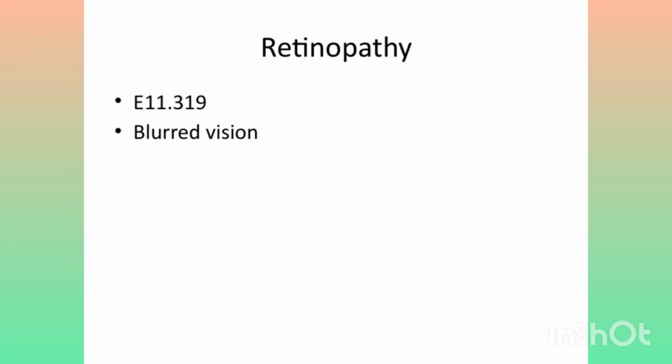Retinopathy is a condition where the blood vessels in the retina, the light-sensitive layer at the back of the eye, become damaged. This damage can lead to vision problems, including blurriness, and if left untreated, it can even cause significant vision loss. The key point here is that blurred vision isn't just a minor inconvenience. It can be an early warning sign of underlying retinopathy. Recognizing this symptom is crucial for early intervention.